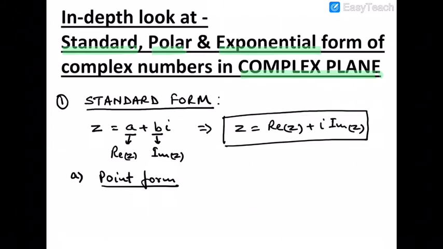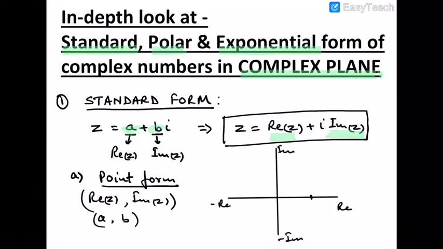One is point form and another is line form. So in point form, we just take the real part and the imaginary part of the complex number and plot it on real and imaginary axes. And that point represents z is equal to a plus bi.